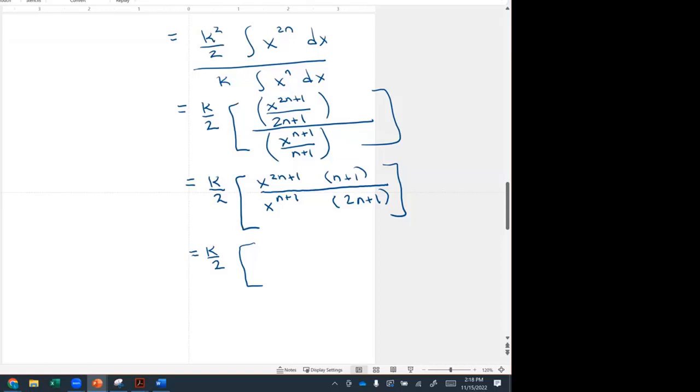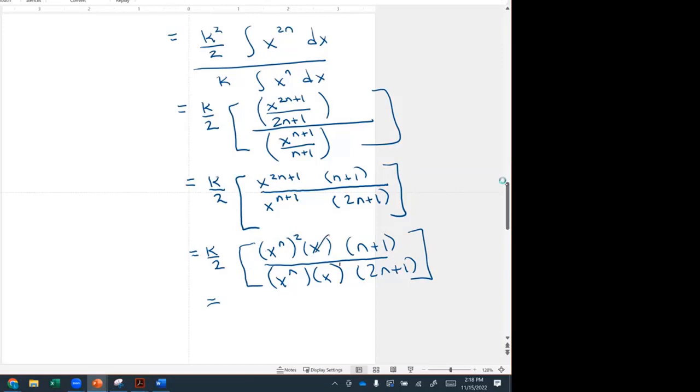This is really the same as x to the n squared, that's x to the 2n, times x, that's the plus 1, times n plus 1, and then this is x to the n times x times 2n plus 1. I can cancel this x with this x.